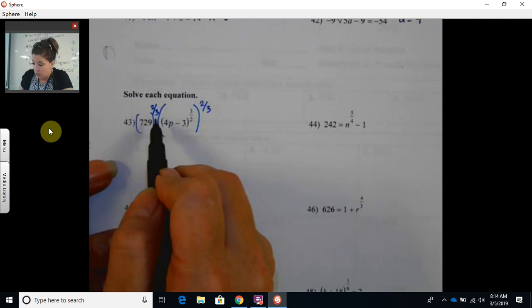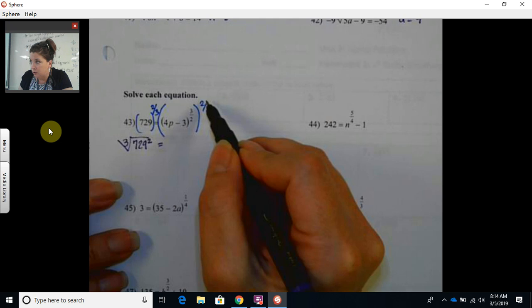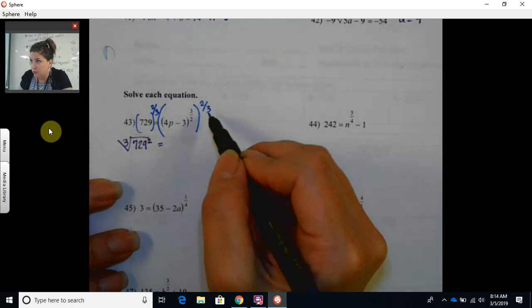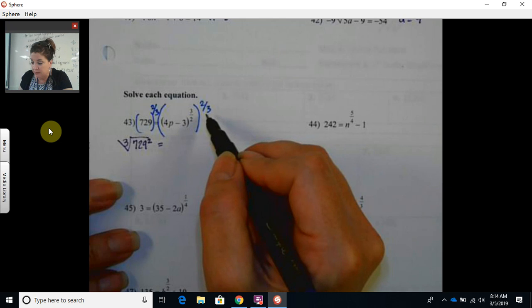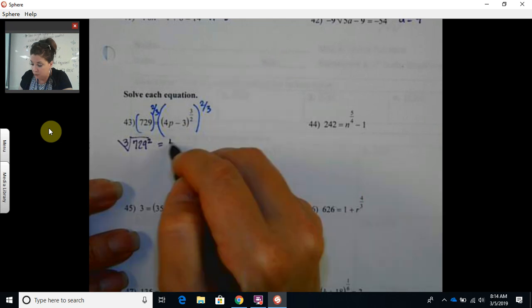So that would be the what root? Cubed root of 729 squared equals, when I multiply 3/2 times 2/3, a number by its reciprocal, you get 1, right? So 4p minus 3 raised to the first power is just 4p minus 3.